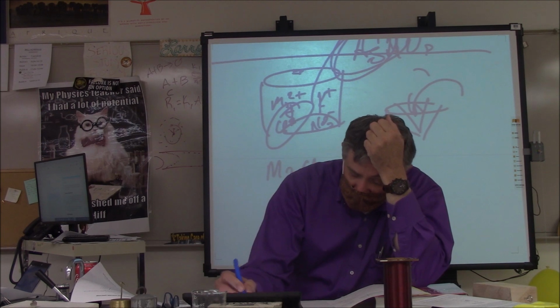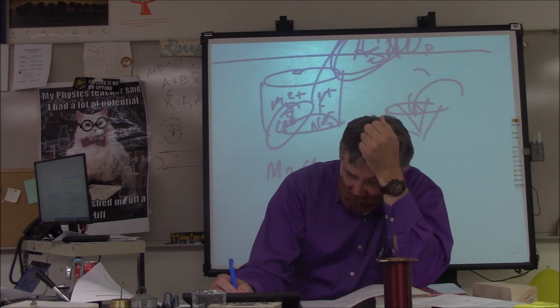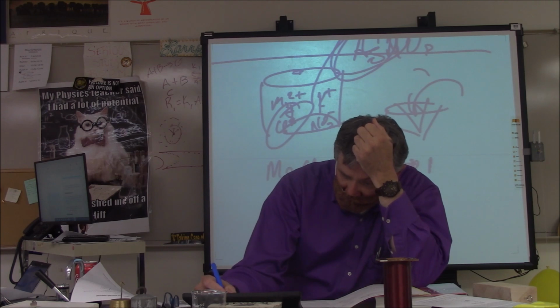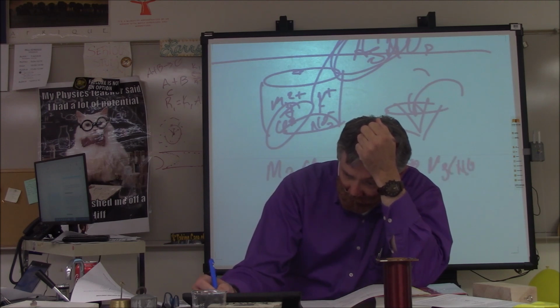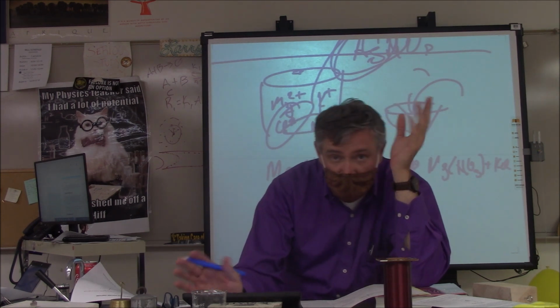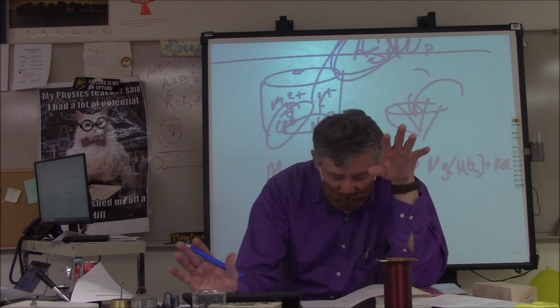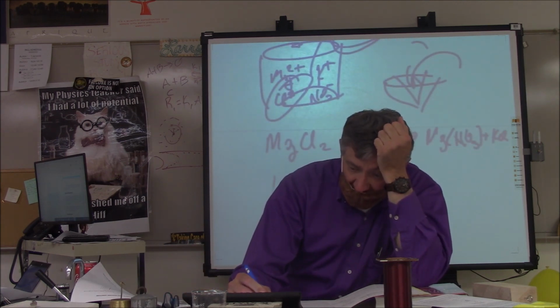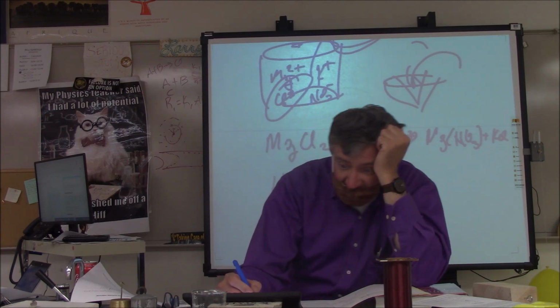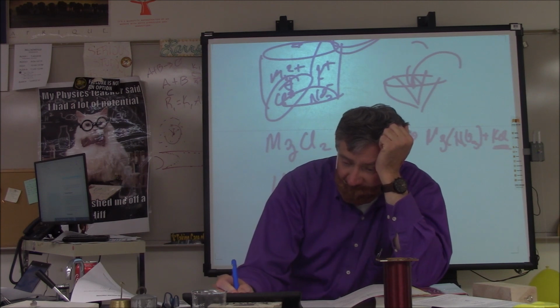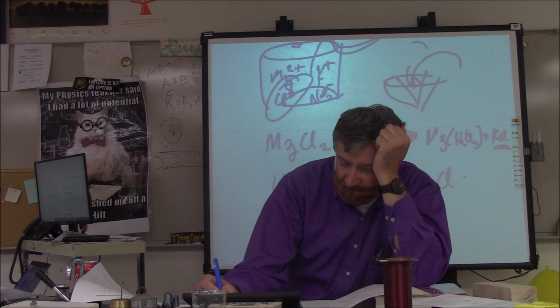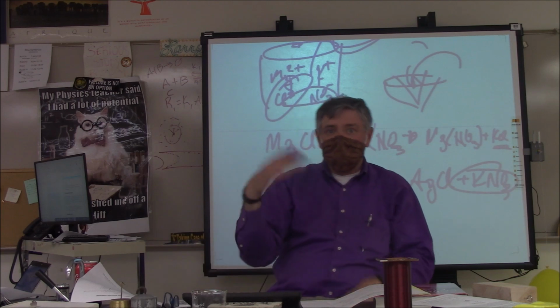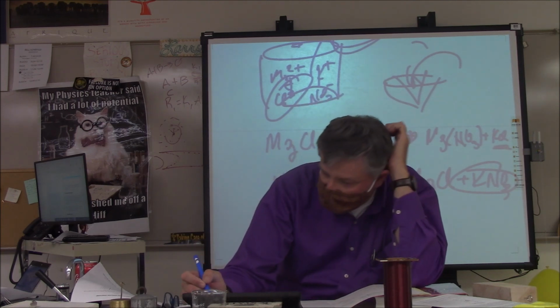If you look at the initial double displacement reaction, you're going to get magnesium nitrate and potassium chloride, but neither one of those is insoluble. So here's the actual reaction that's going to happen: KCl is going to react with the silver nitrate, and you're going to get silver chloride and potassium nitrate again. So basically you're going to end up making more potassium nitrate out of this deal.